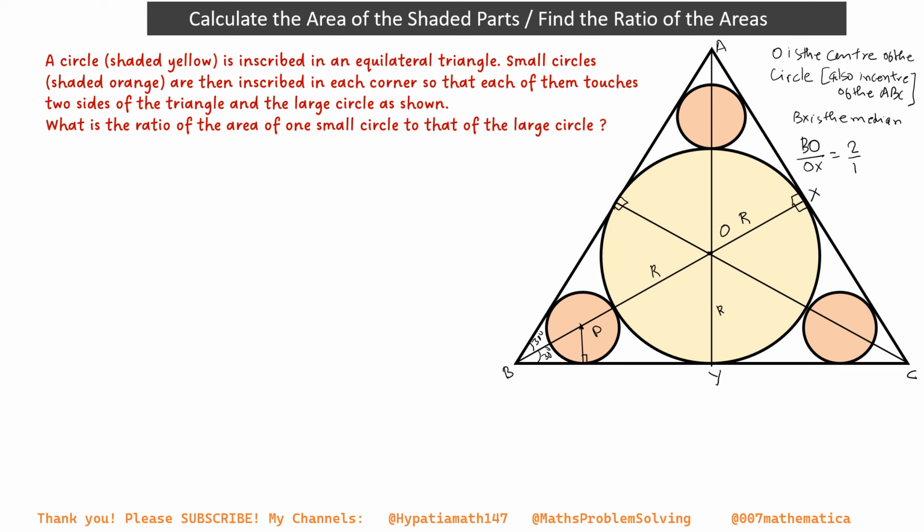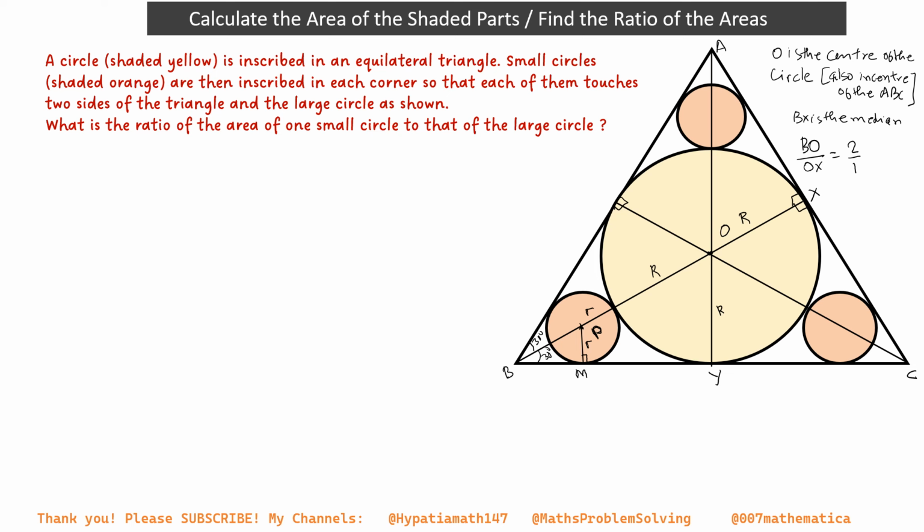So what would then happen is, you see these triangles, B and P is the center. So if I said BPM and BOY, they are also similar to one another.